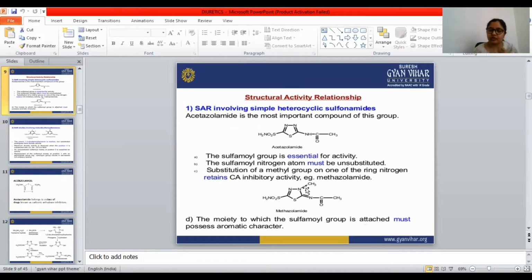This again comes under the family of heterocyclic sulfonamide carbonic anhydrase inhibitors. And the moiety to which the sulfamyl group is attached must possess aromatic character. So this is the SAR of the heterocyclic sulfonamides.